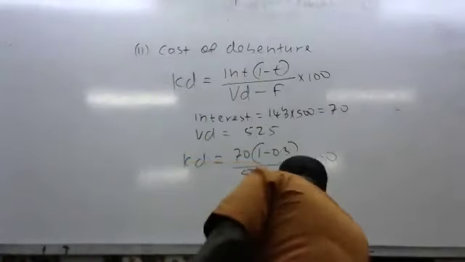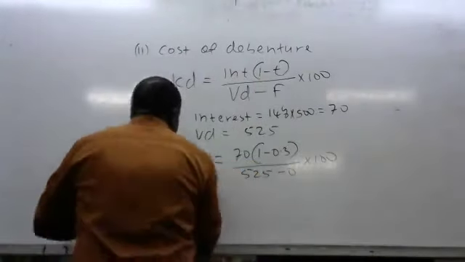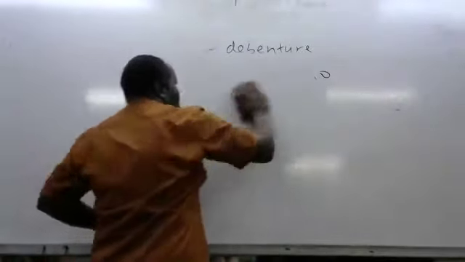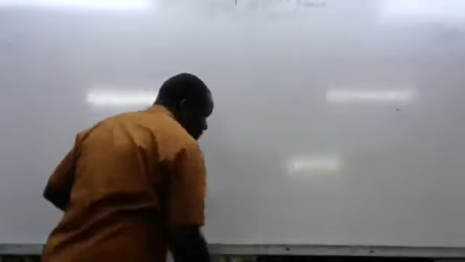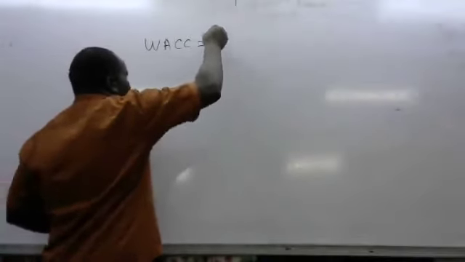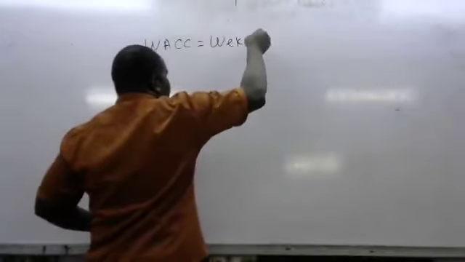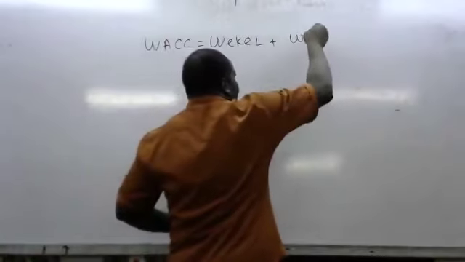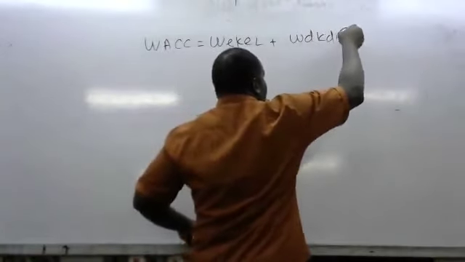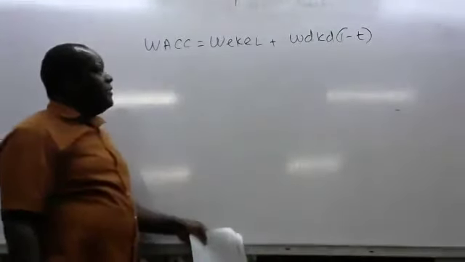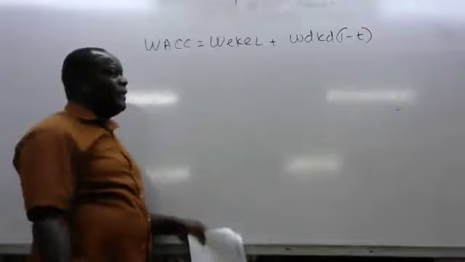They would like you to compute the WACC. The WACC will be given by the weight of equity times the cost of equity of the levered firm, plus the weight of the debt times KD, which must always be after tax.